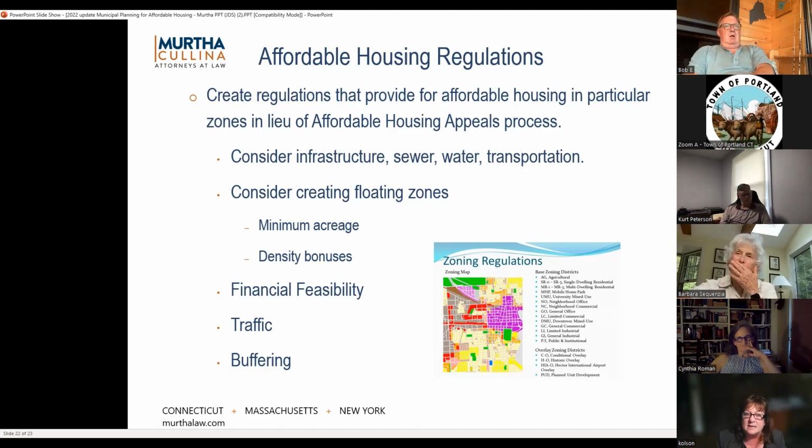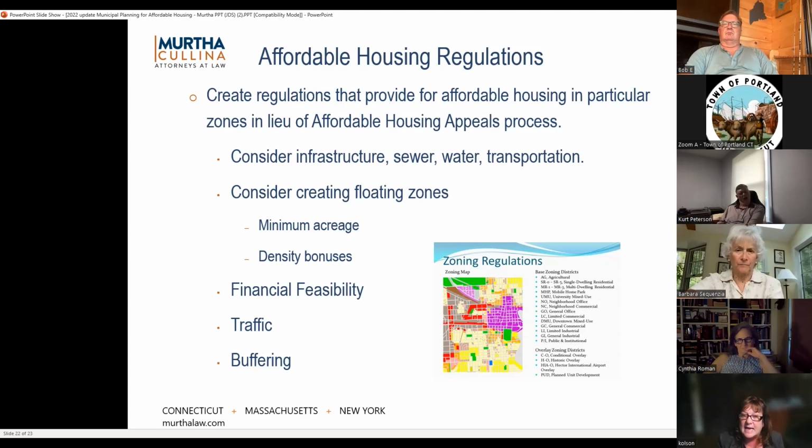But what that does is it makes it more financially feasible for the developer, because affordable housing projects can be costly for the developer too. Sometimes they just can't do it. They can't get enough units to make it work. So if you offer them an option that makes it financially feasible for them to put affordable units in your town, while you can still maintain control over various aspects of the project, it's a win-win.